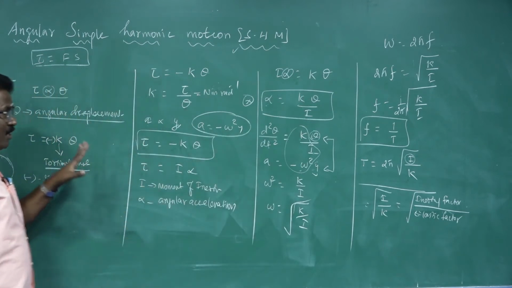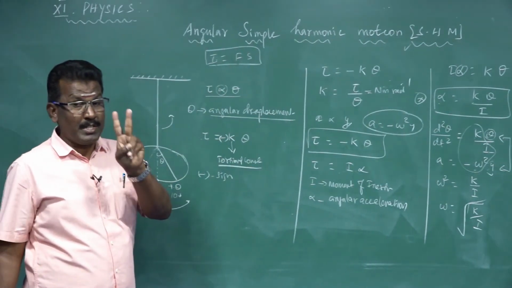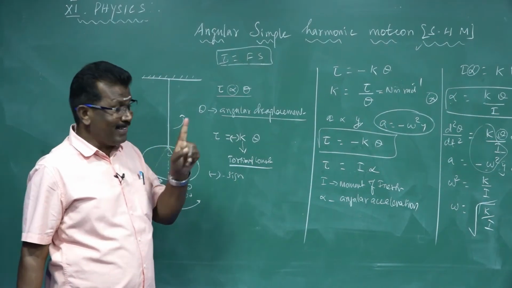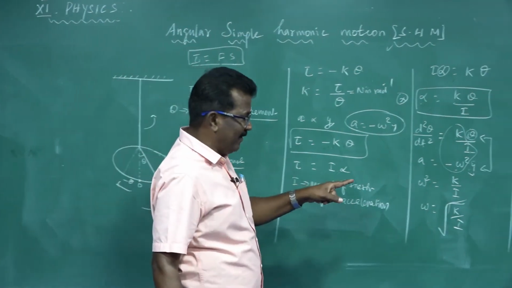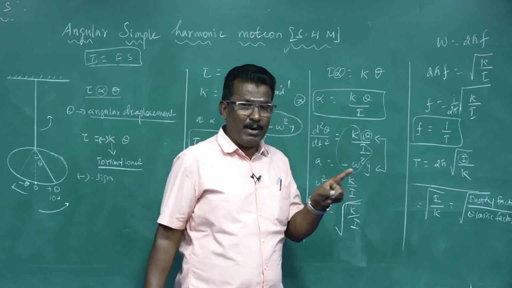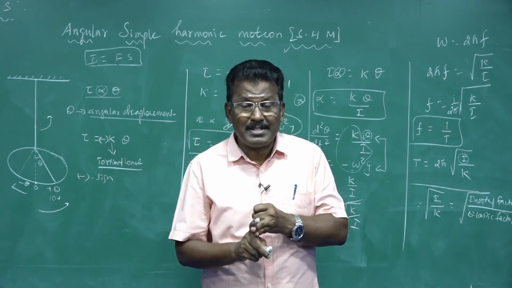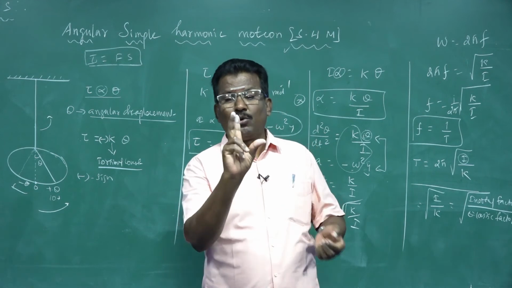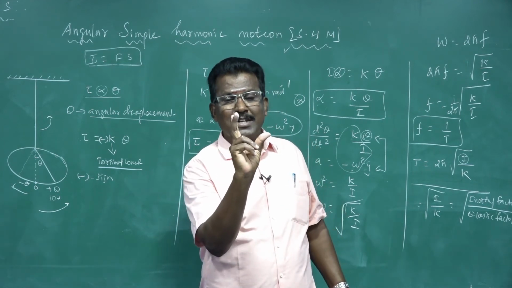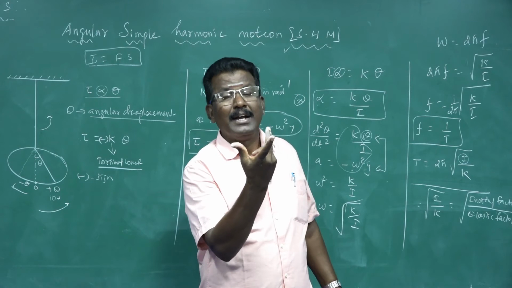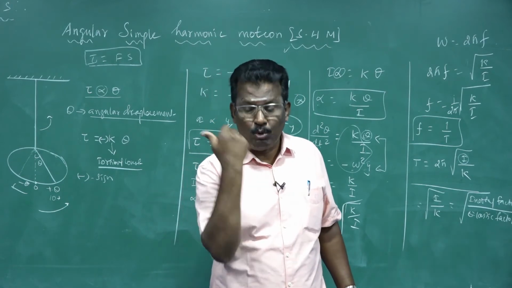If any body is in simple harmonic motion, it should satisfy two conditions: the inertial factor and the elastic factor. If a body satisfies the inertial factor and elastic factor, it is also said to be in simple harmonic motion. If a body rotates about a certain angle, it is also simple harmonic motion.